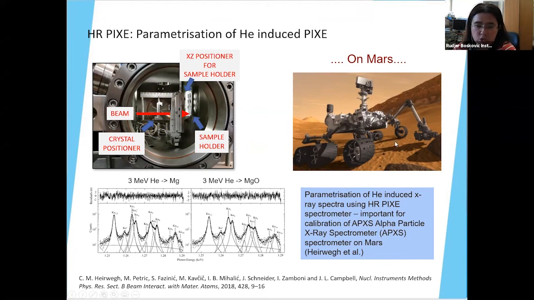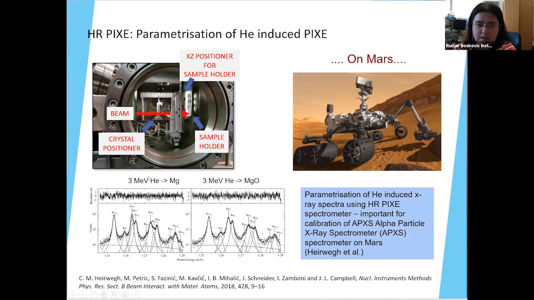And usually they have a problem: they don't have a good database of spectra collected with helium particles. So we were given a task to determine how these satellites behave when we excite samples like magnesium or magnesium oxide with helium particles.